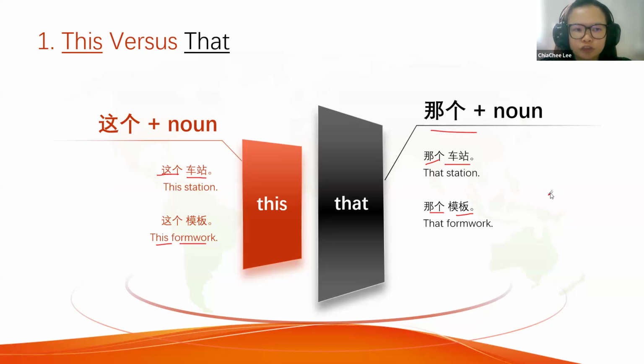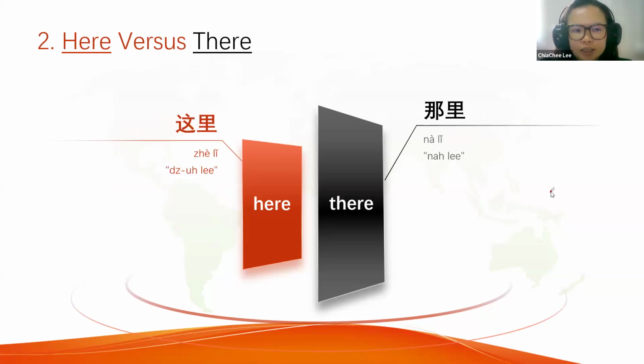Then we move on to here versus there. 这里 is something near to me, is here. 这里, the fourth tone 这 and 里 would be my surname, third tone, Li. 这里, here, and there, 那里, 那 fourth tone, Li again is my surname. 那里. 这里是3分部，那里是4分部.